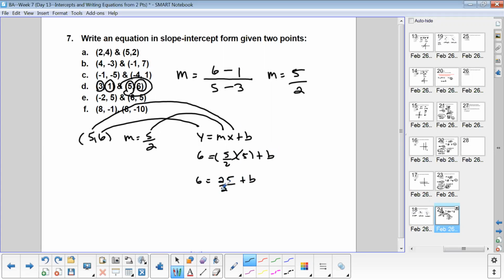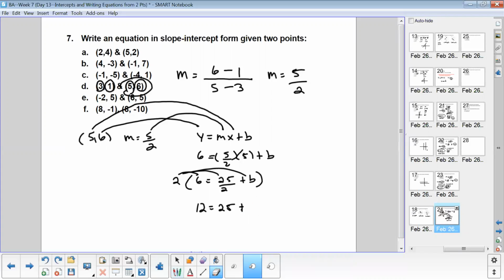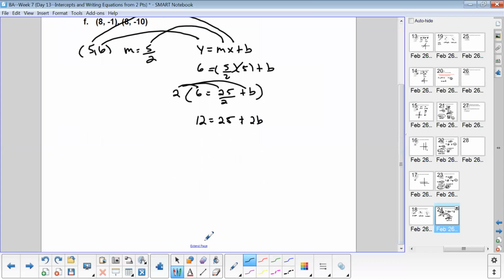So I have a fraction, and so I'm going to go ahead and just multiply everything by 2. So that'll give me 12 equals 25 plus 2b. So I'm going to subtract 25. So that'll give me negative 13 is equal to 2b.